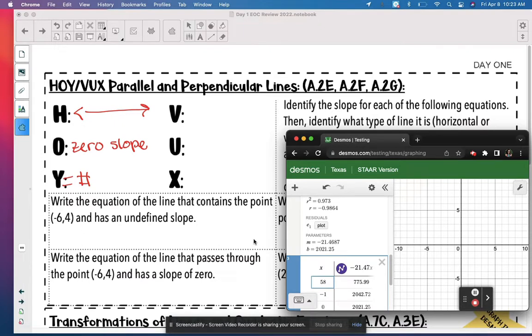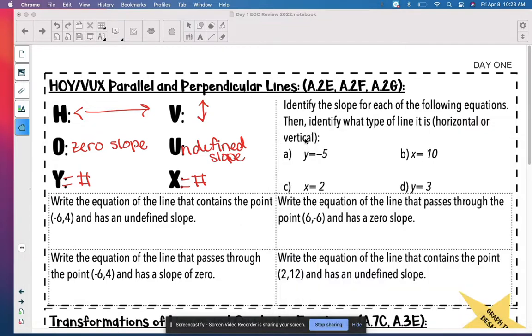VUX represents our vertical line with an undefined slope, where the equation is x equals a number. So let's go ahead and look at the examples for these kinds of lines.